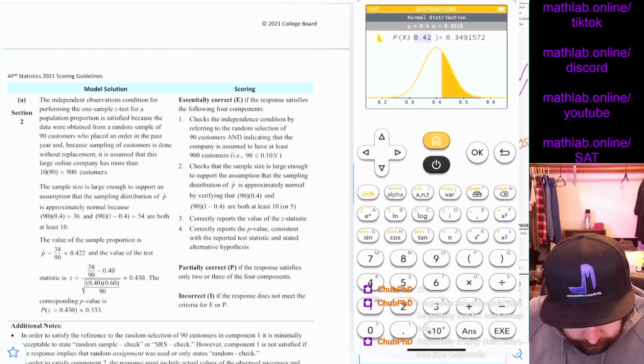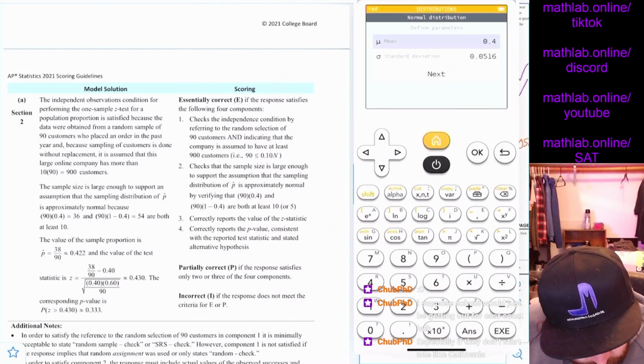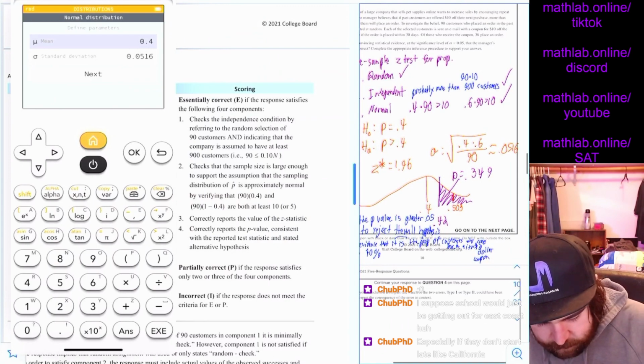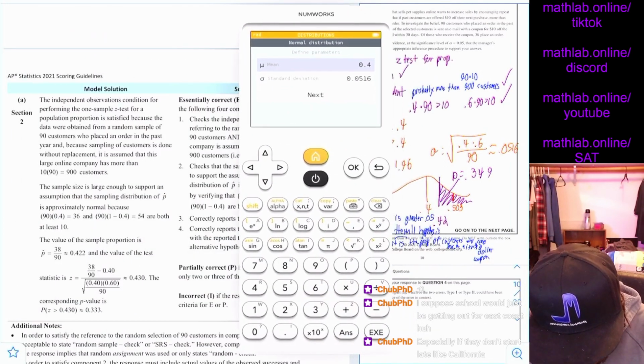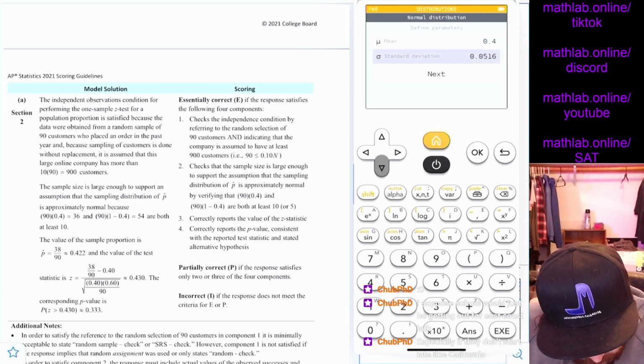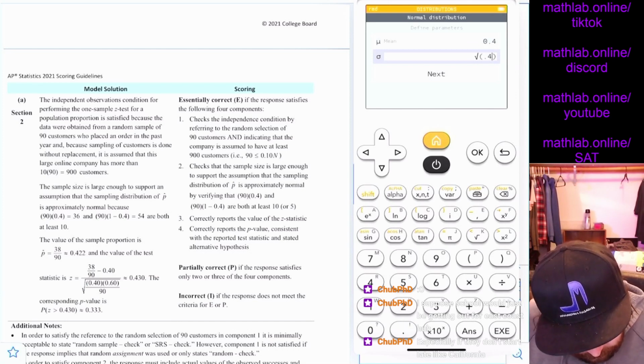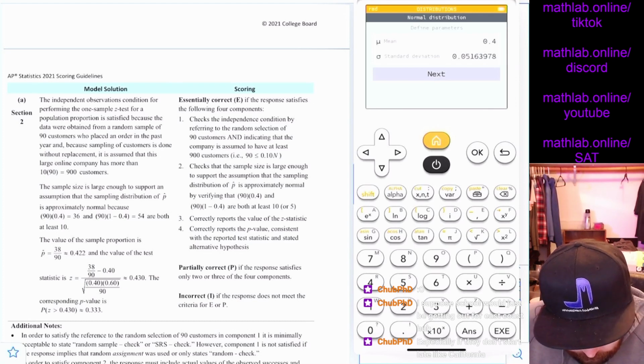Like, that's decently different enough. The mean is 0.4. The standard deviation. Should I have been more specific about that? It's the square root of 0.4 times 0.6 divided by 90. And the mean is 0.4.